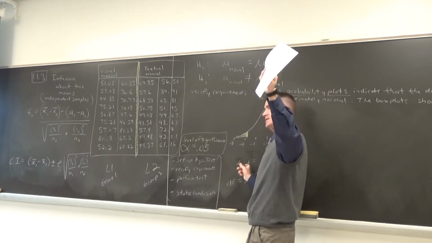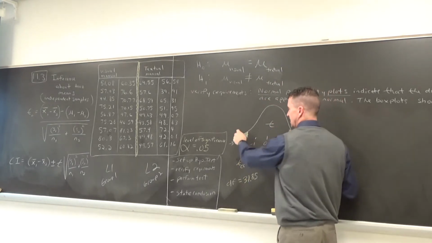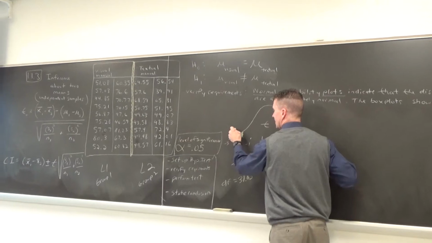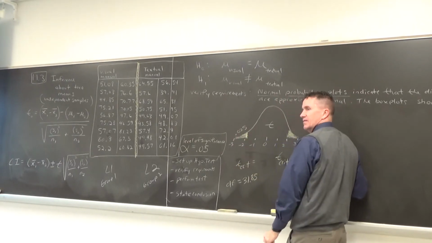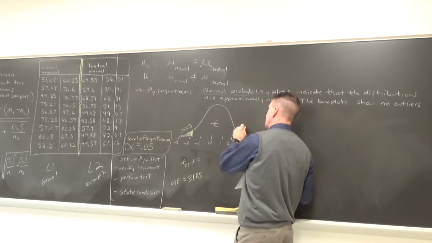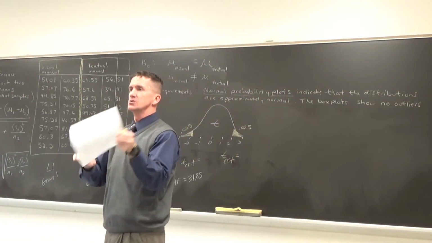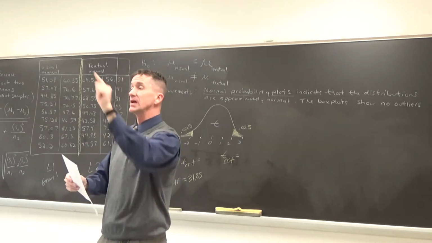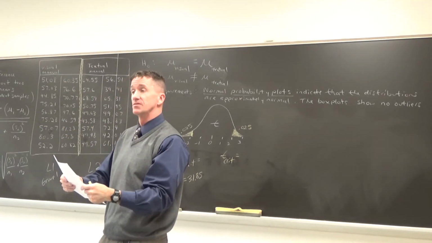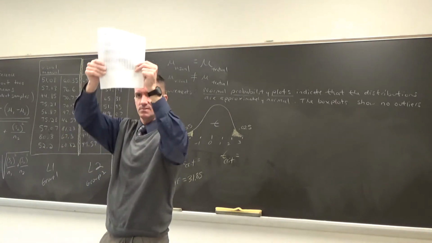But when I'm trying to get my t-crit off this table, it's two tails, isn't it? So how much is in that tail? 0.025, 0.05 divided by 2. What area is in this tail? Same, 2.5% each tail. So I'm going to look at 0.025, match it up with degrees of freedom 30.